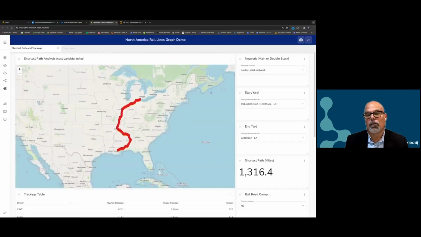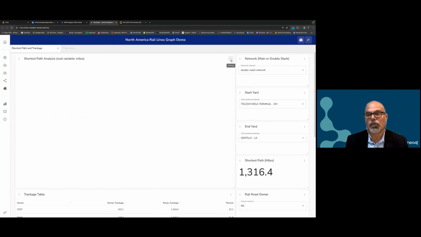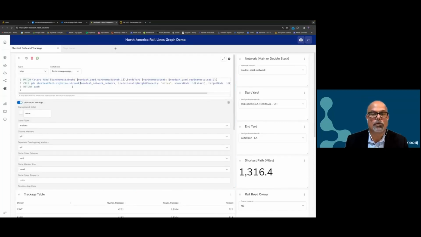And if I go look at this, you can actually see that we're running this whole analysis with only 3 lines of code. And that's pretty cool. So that's just a very quick demo on pathfinding. And so this could be used for routing across a global network.